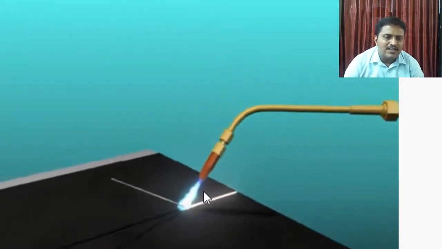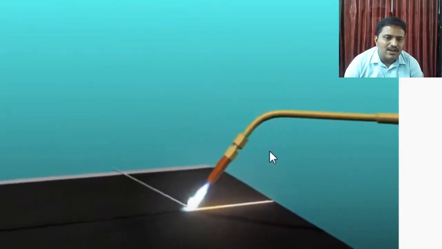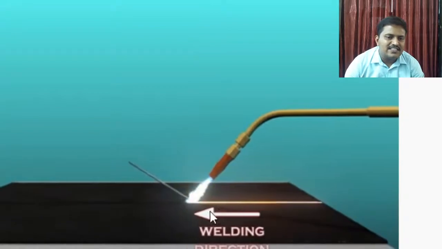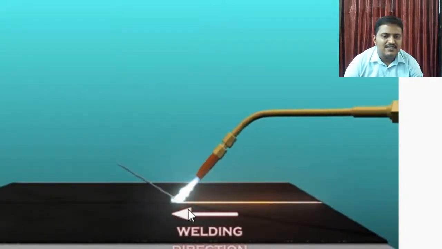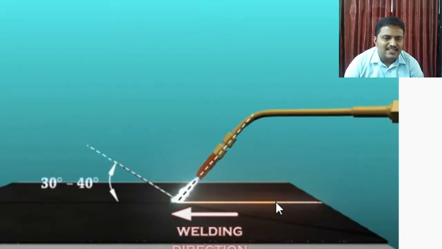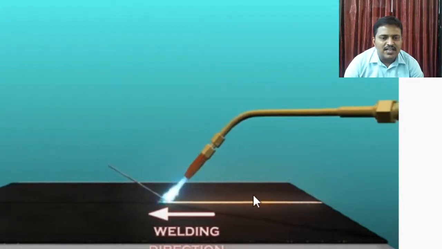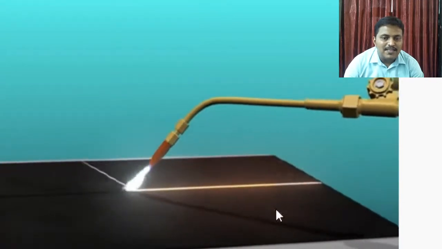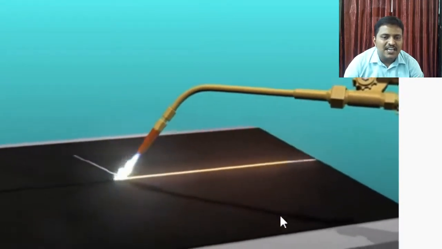The left hand holds the filler rod, the right hand the torch, and the welding direction is towards the left hand side. The angle has to be maintained: the filler rod angle should be 30 to 40 degrees, and the torch angle should be 60 to 70 degrees. Here we are going to use an MS plate, a mild steel plate.